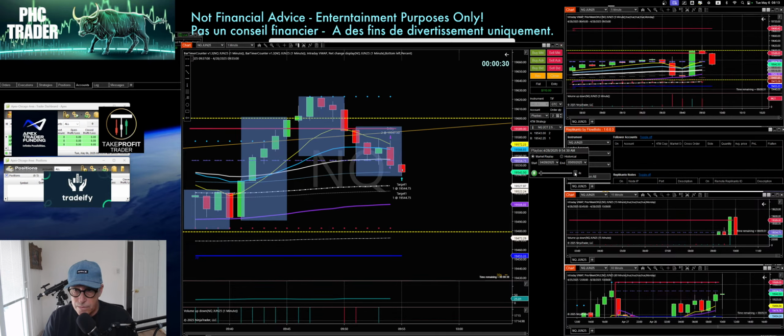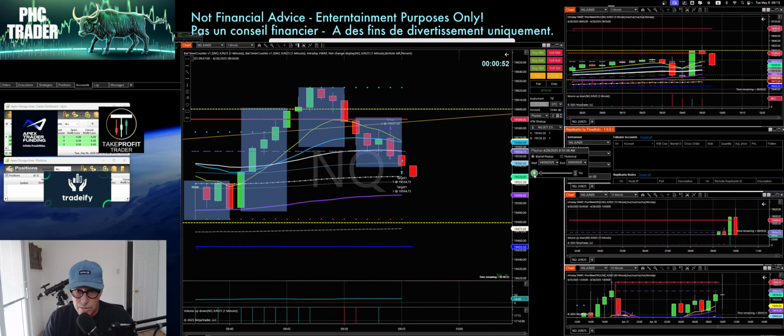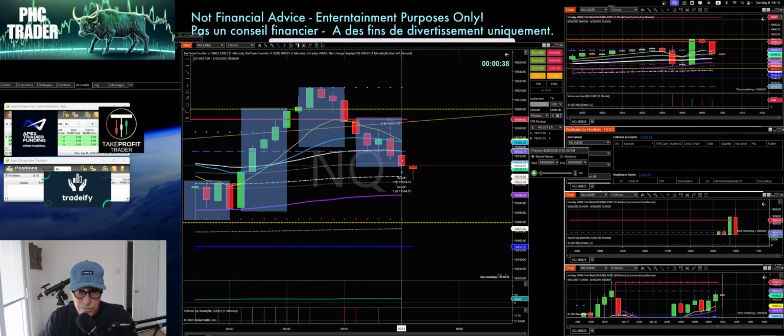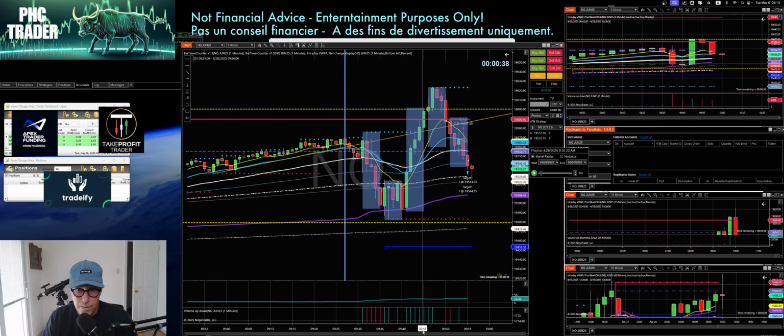Let me go a little faster. 10 times is usually the fastest I go. So this one is about to close. Look, I've got my 200 and this is my 1000, I believe. 200 from the 5 minute, 5 times more, 1000. Could go down all the way to here. VWAP.